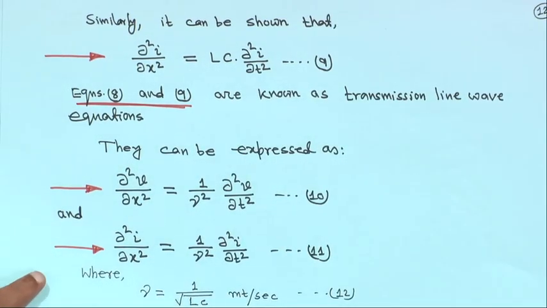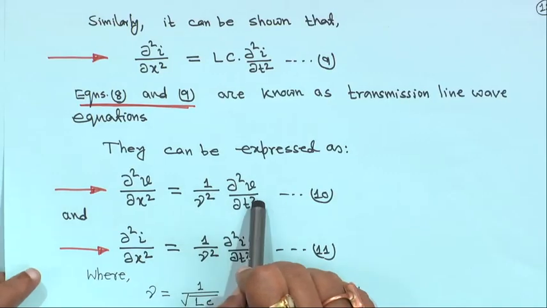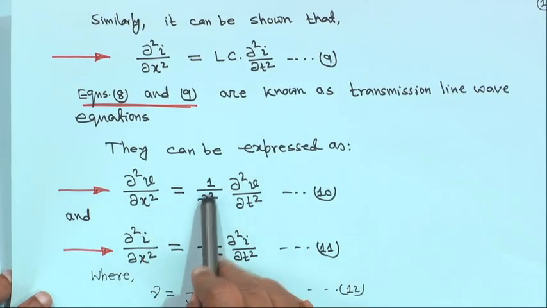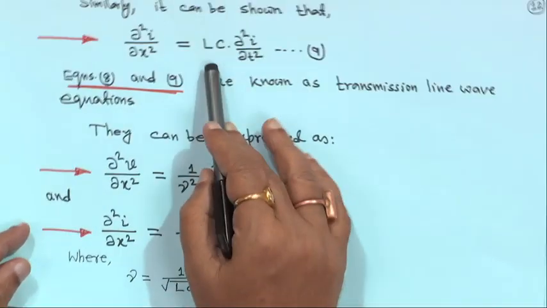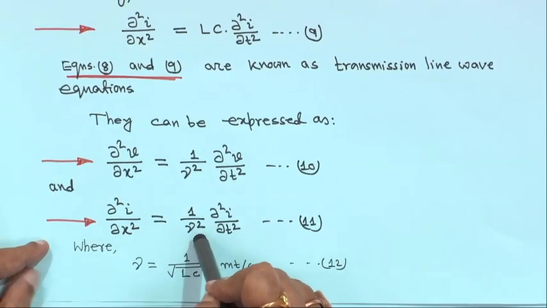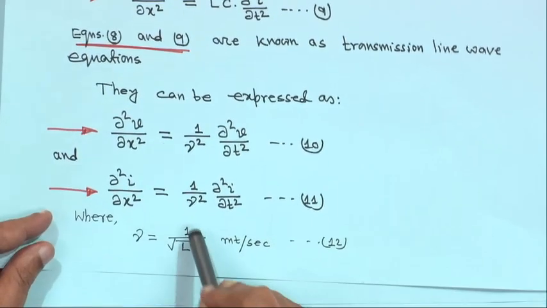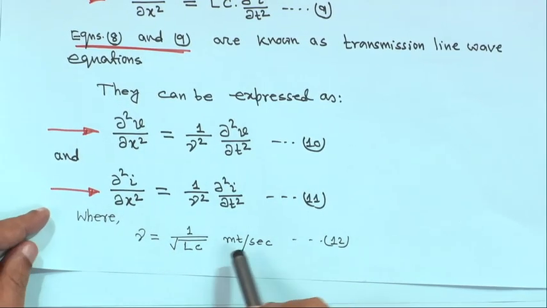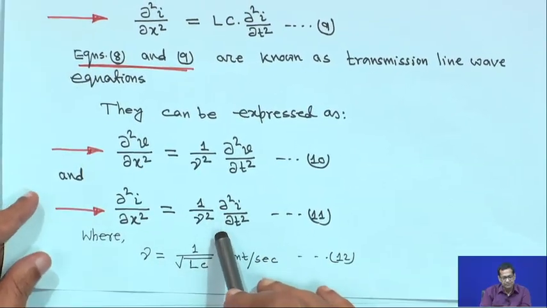Therefore, equation 8 can be expressed as del square V del x square is equal to 1 upon gamma square del square V del t square, and the current equation can be written as del square I del x square is equal to 1 upon gamma square del square I del t square. This is equation 11, where gamma is equal to 1 upon root over L C meter per second. So, gamma we have defined as 1 upon root over L C.